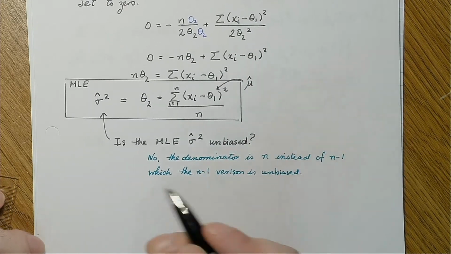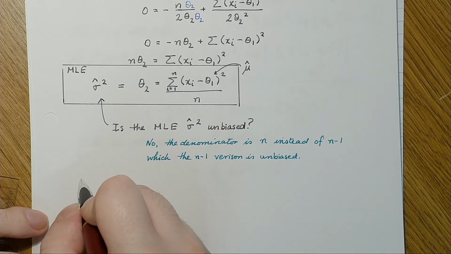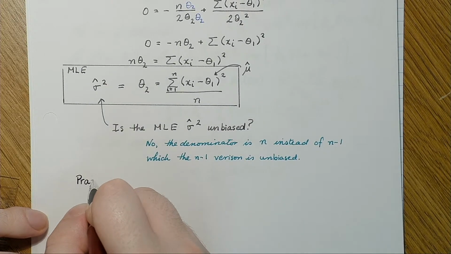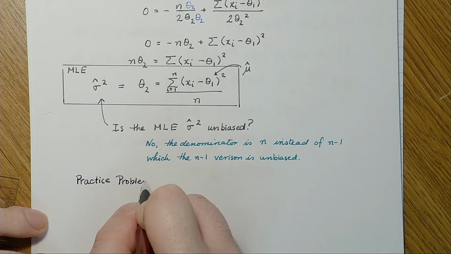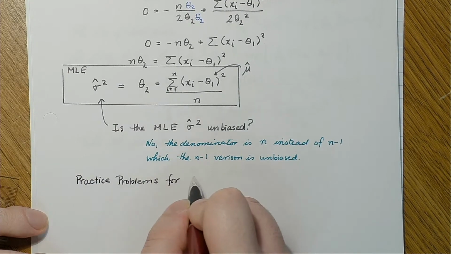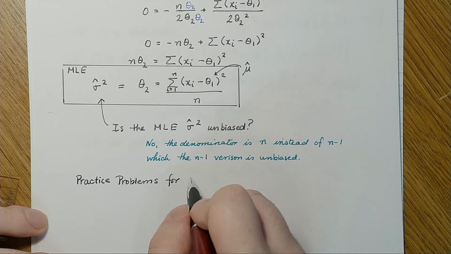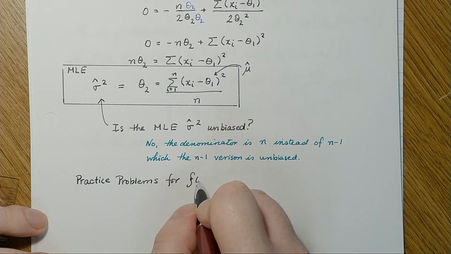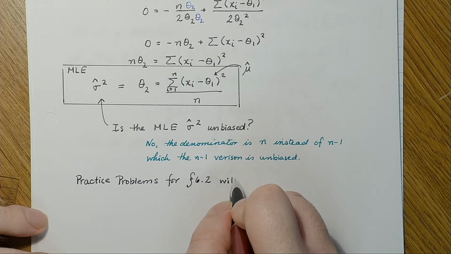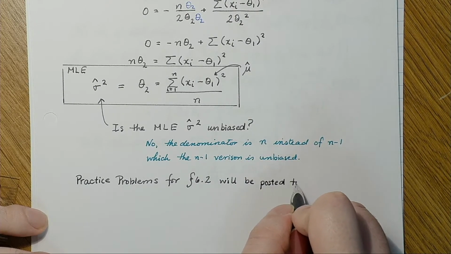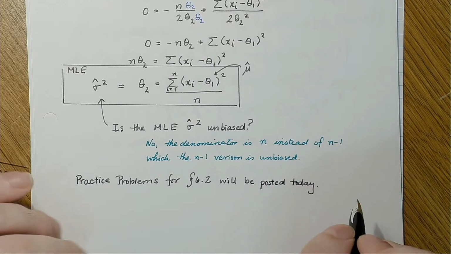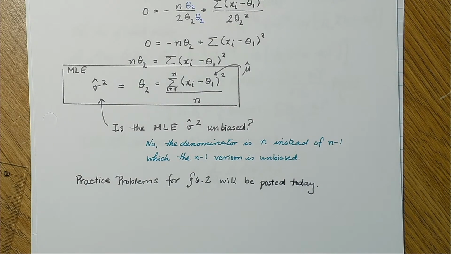Okay, well, practice problems for section 6.1 had been posted, but for this section will be posted today. So keep an eye out for that PDF. What section in Devore will we be covering in next lecture?